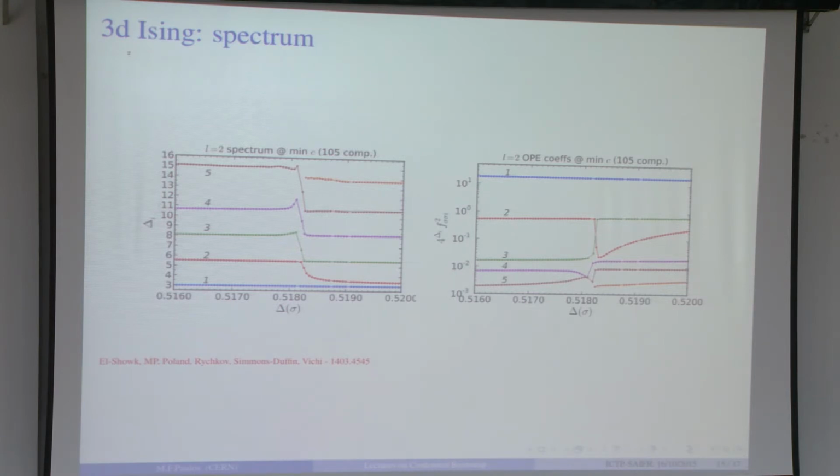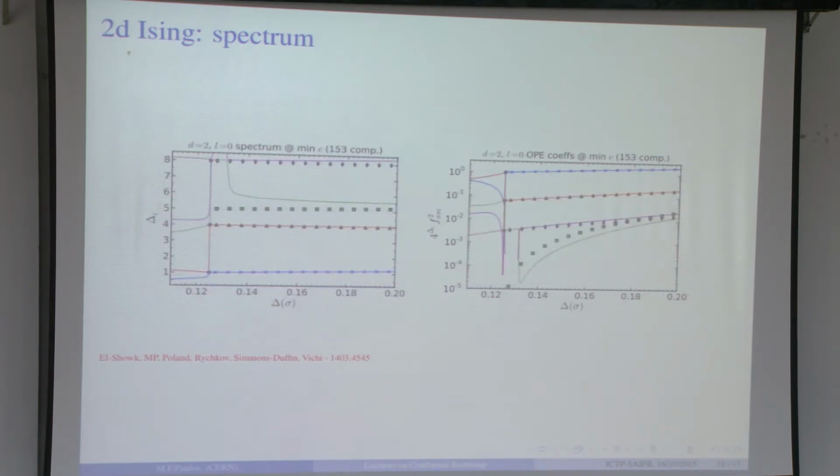Okay? We don't know why this happens. So this is just an observation. What we do know is that in 2 dimensions the same thing occurs, and there we understand it as the decoupling of null states. Right? So in 2D, it's minimal models.